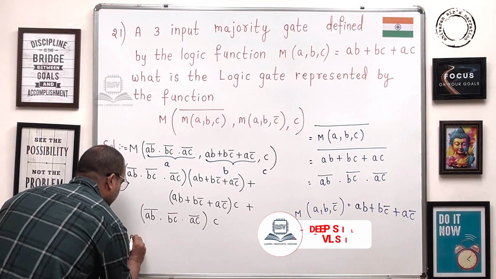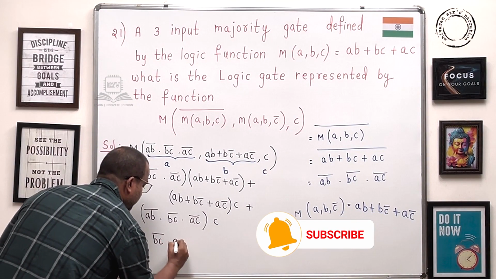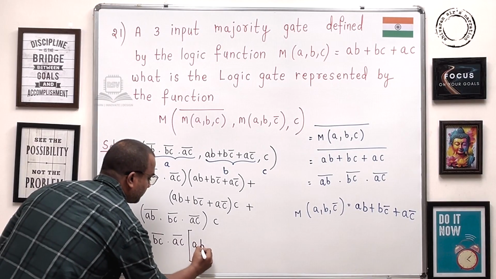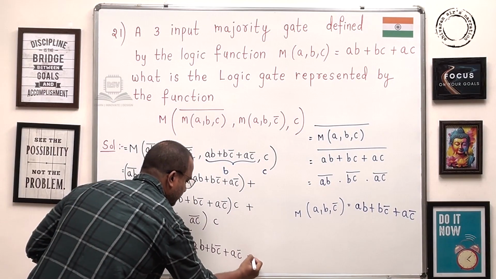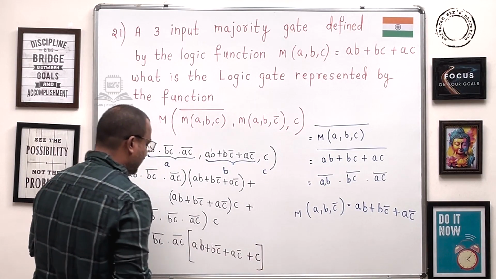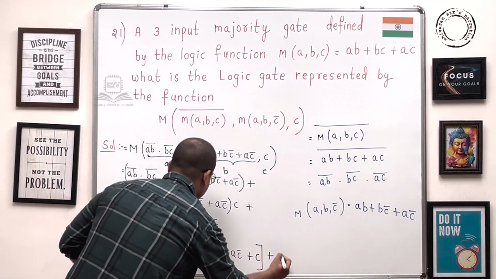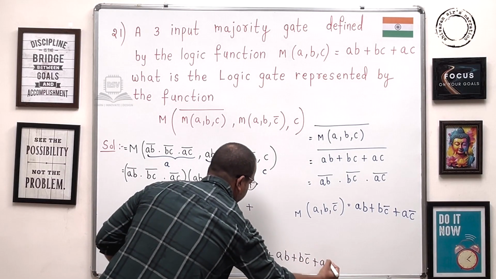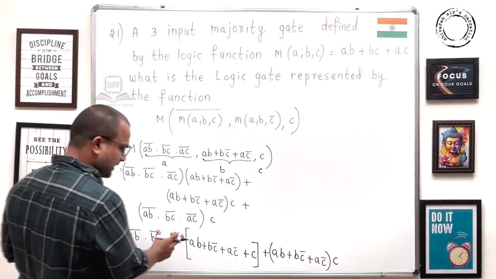So we write this as common: AB whole bar into BC whole bar into AC whole bar, into AB plus BC bar plus AC bar plus C. And the second term as it is, that is AB plus BC bar plus AC bar into C. Okay, this function as it is.